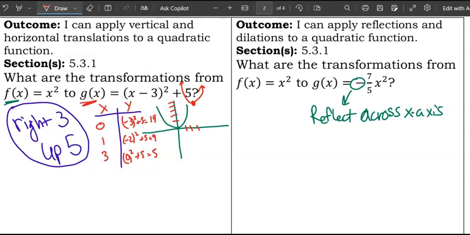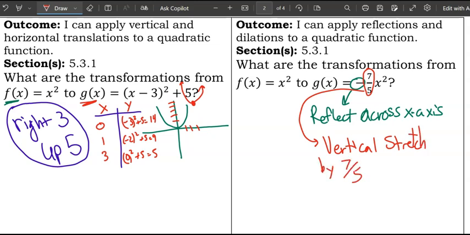And then the 7 over 5 is getting bigger from the 1 right here. So that is going to be a vertical stretch by 7 over 5.